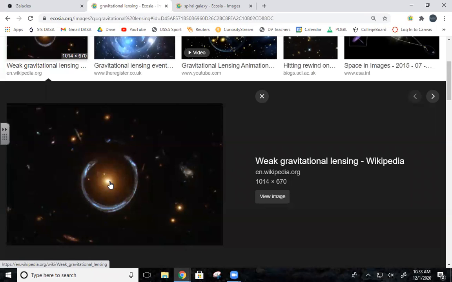So this thing that goes around this other thing, this blue thing is actually behind the yellow thing. And it isn't a circle. It's a galaxy, like a spiral galaxy. There's something blocking it.